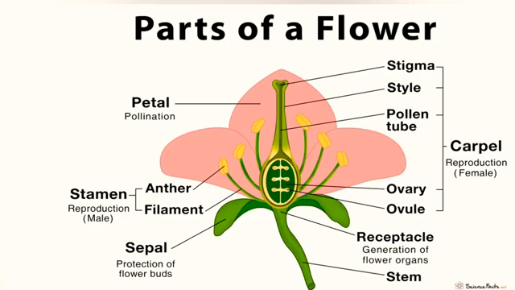Stigma, the top of the ovary, and then style is the neck shape, and the swollen base is called ovary that has many ovules. It is all female part. Now the stamen has yellow colored bag-like structures that are called anthers that are attached to the flower receptacle through a filament.